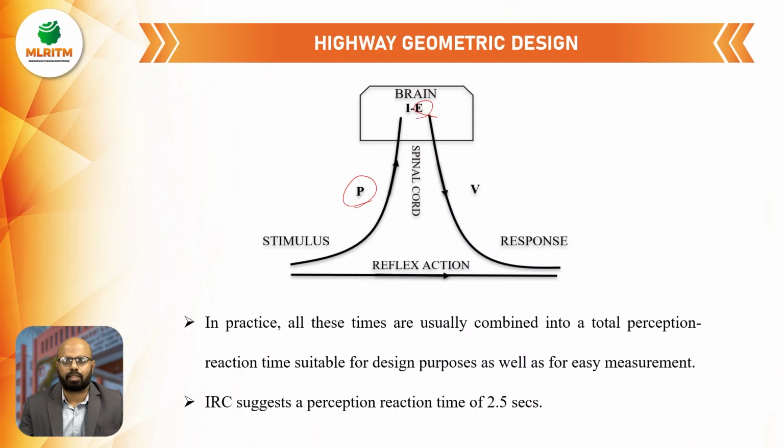Next is action, which is nothing but response. That is volition. In practice, all these times are usually combined into a total perception reaction time, suitable for design purposes as well as for easy measurement. IRC suggests the total perception reaction time as 2.5 seconds, which is very important.